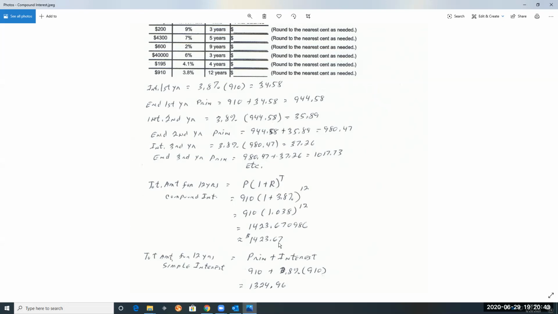Notice on compound interest, we actually make more money or pay more interest than if we had simple interest. This gets much, much larger when we're dealing with, let's say, buying a home, which may go for $300,000, and you're doing it for 30 years. The difference could be many, many thousands of dollars compared to simple interest.